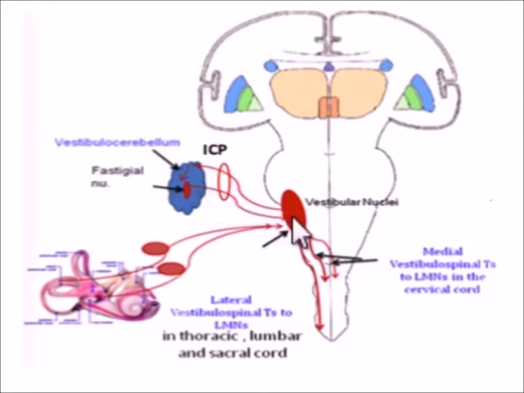And from the vestibular nuclei, the fibers descend as medial vestibulospinal fibers, which go to the cervical cord, and lateral vestibulospinal fibers, which go to the thoracic, lumbar and sacral cord. Through these fibers the muscles are either contracted or relaxed so that a desired posture is achieved and the patient remains in balance.